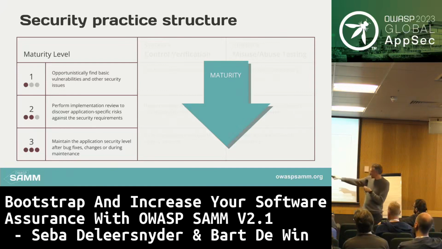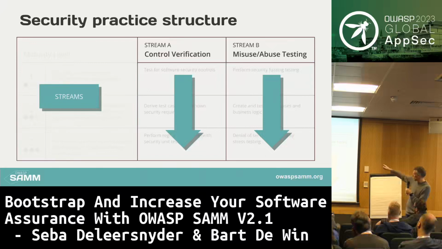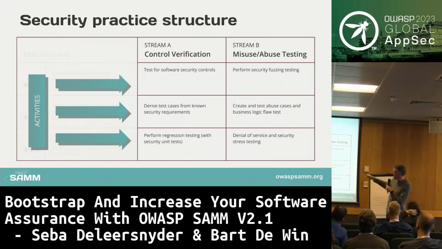And level 3 is an optimized way of doing that particular problem in the organization, really making sure that you regularly revisit what you are doing and whether it makes sense. That's the notion of these maturity levels. So every stream has these maturity levels, and every stream has, per maturity level, an activity that you should be thinking about: am I doing this in my organization or not? Does it make sense to do it in my organization or not? That's the structure.